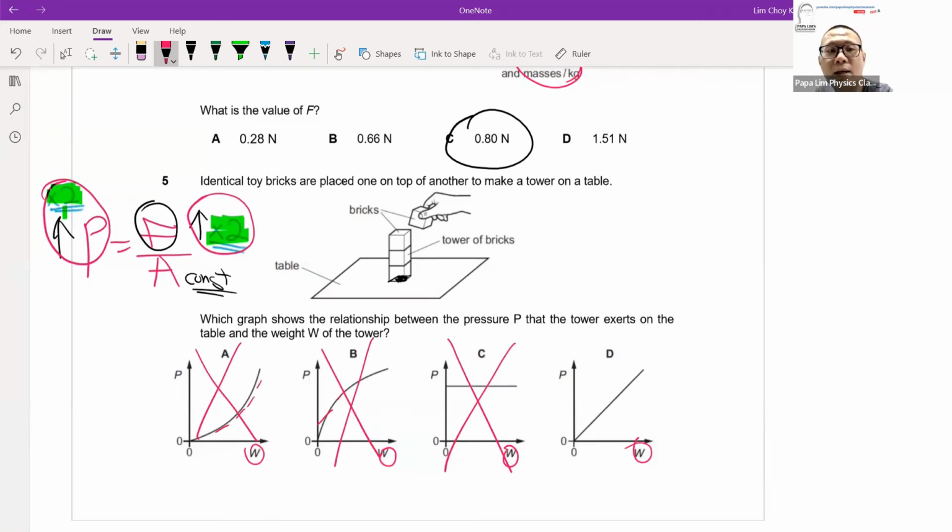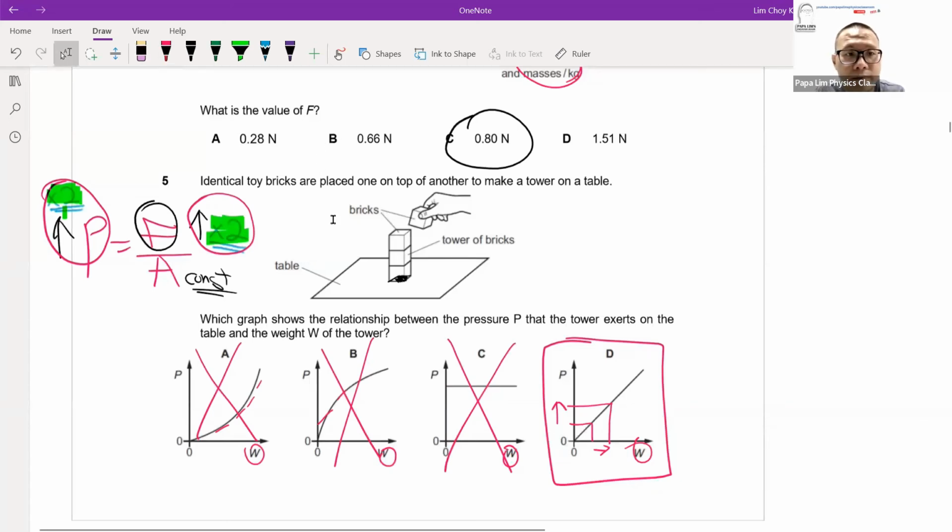The only answer that fits the description, whereby the force increases by 2 times and the pressure increases by 2 times, with the same increment for F and P, has to be option D. It will be a straight line moving upwards. If my weight increases by 2 times, my pressure will increase by the same proportion. So this graph fits the condition specified by the question.